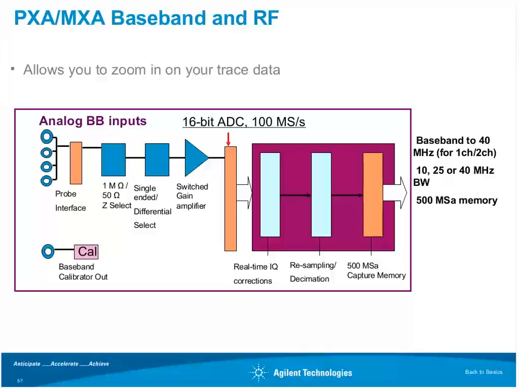Particularly on RF integrated circuits, very often what you get instead is differential I and Q outputs, and so rather than one single connector, you might need 4 connectors, 2 for I and 2 for Q. And so some analyzers have baseband IQ inputs available to directly input those signals from a chip, let's say. And it may not necessarily be 50 ohms, it might be a high input impedance. But once you go through that part of the circuit, then eventually you get to the IF and you're going to treat the signal just like you would any other, digitize it, and then do your processing.